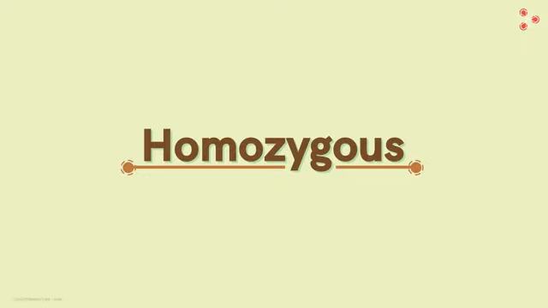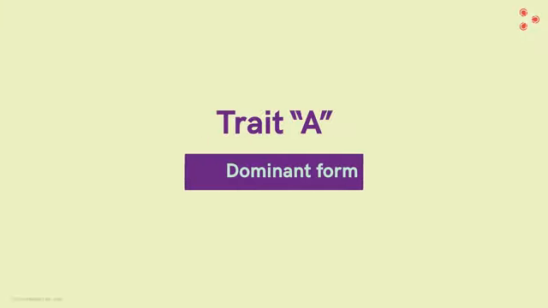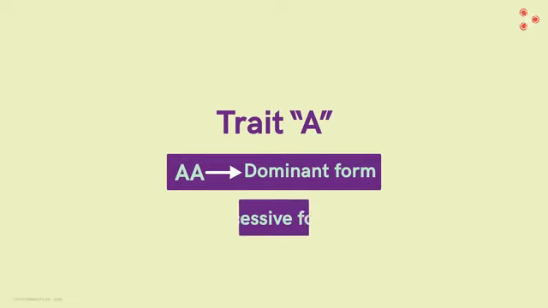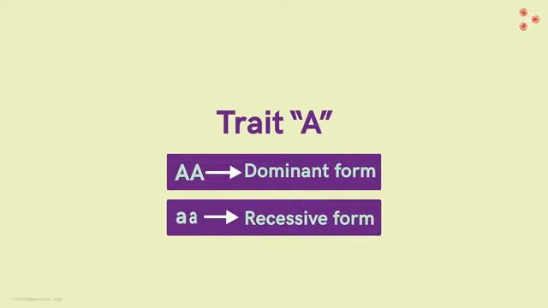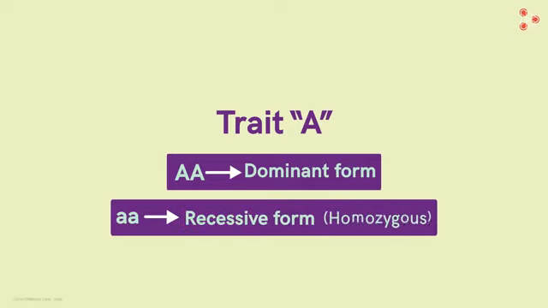So let's say we wish to cross 2 organisms with some trait named A. The dominant form should ideally be AA both in uppercase, while the recessive form has to be aa both in lowercase. Now, the recessive form will definitely be homozygous.